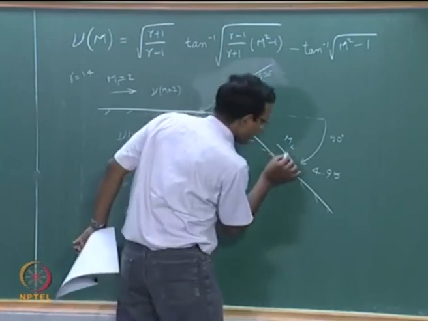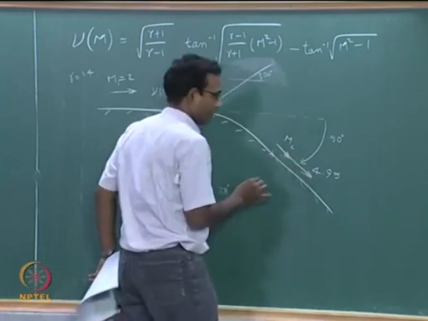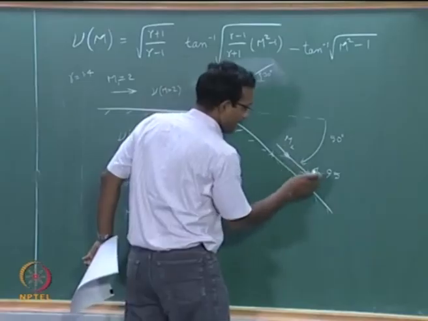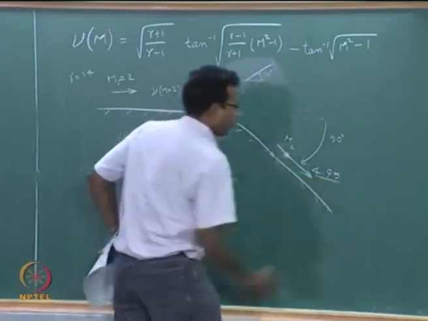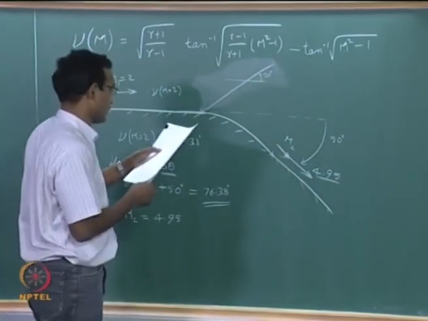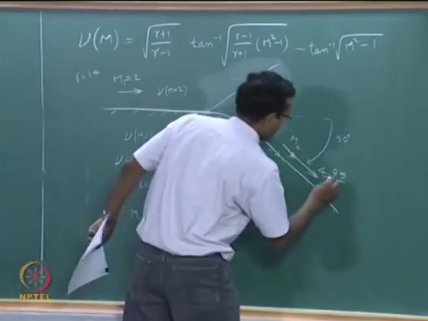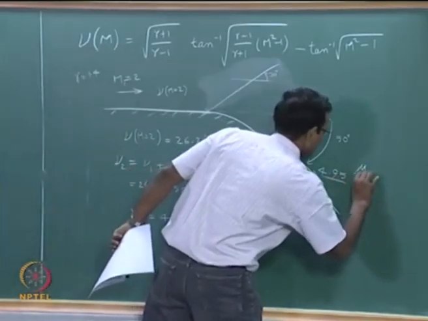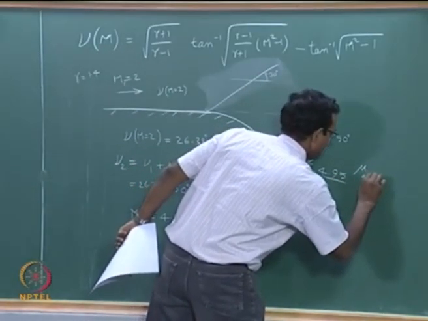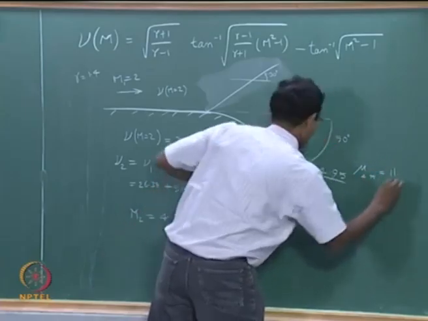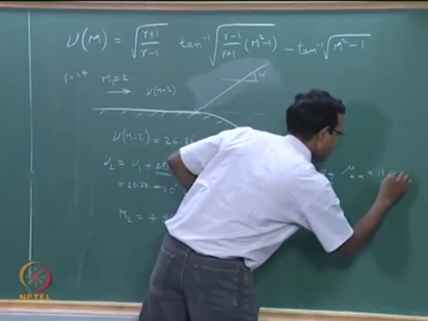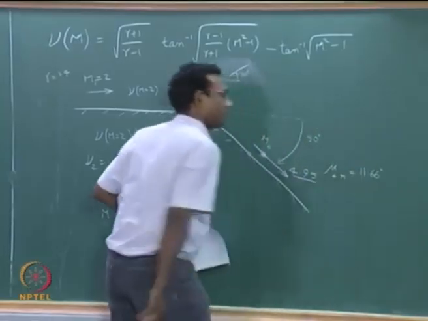So I will draw this local direction of velocity vector, and I have to find the local Mach angle for that Mach number, which is mu of 4.95, and that happens to be 11.66 degrees.